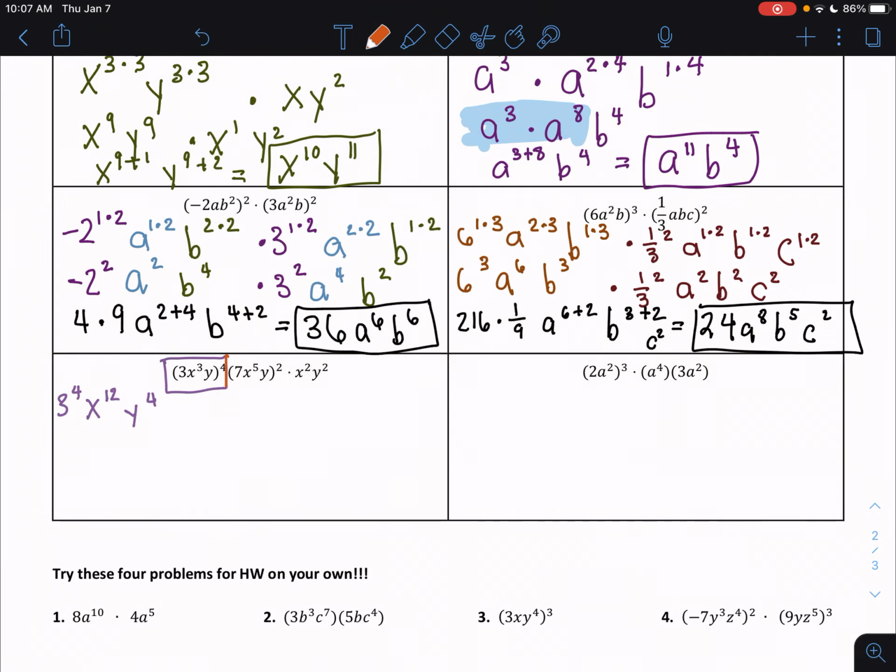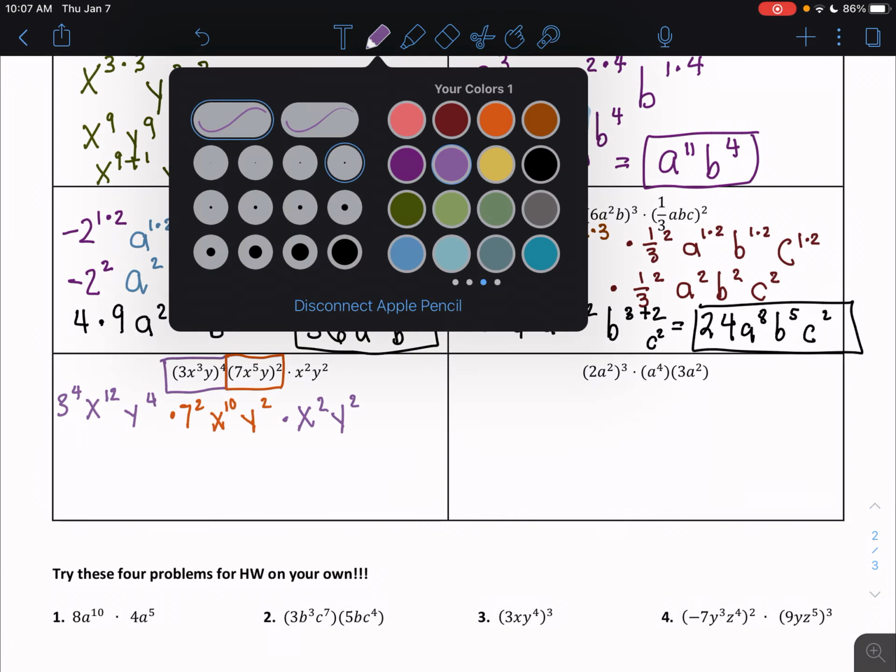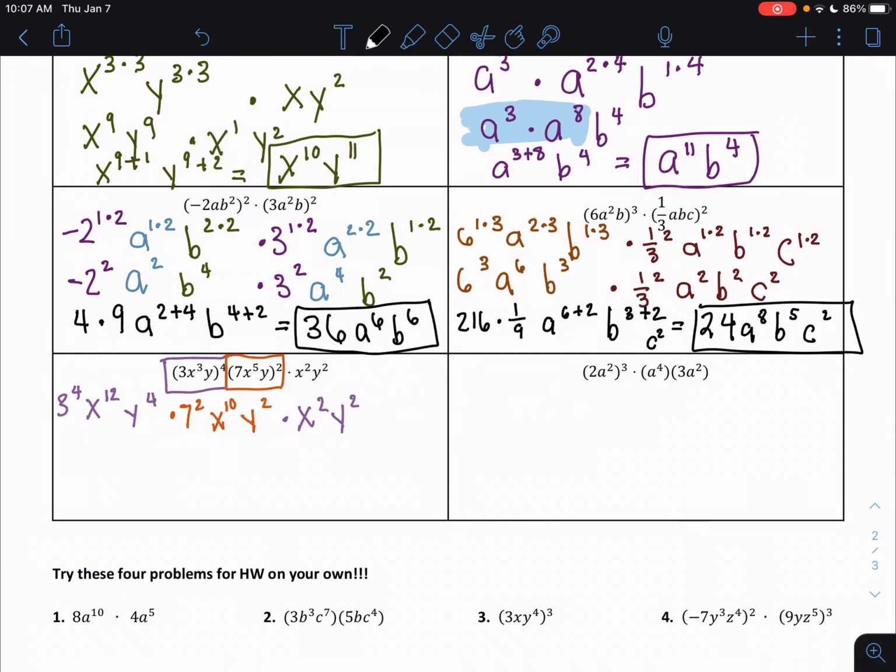All right, let's go on to our next set then. We'll do this one. Times 7 squared. X to the 5 times 2, which is x to the 10th. Y to the 1 times 2, or y squared. And then we just have x squared and y squared at the end. Okay, let's simplify these down. 3 to the 4th times 7 squared.